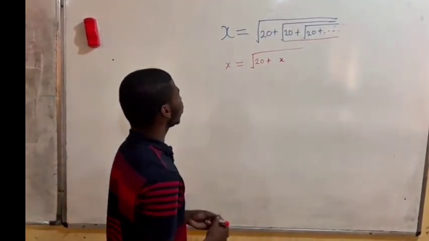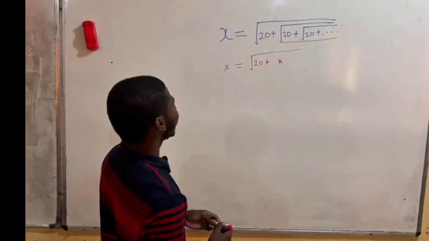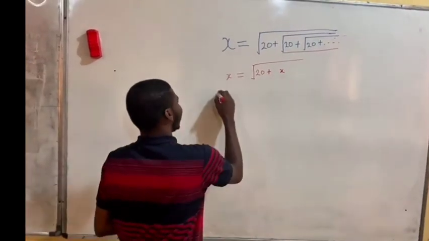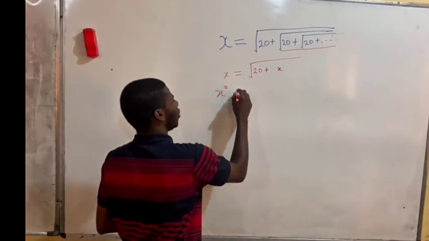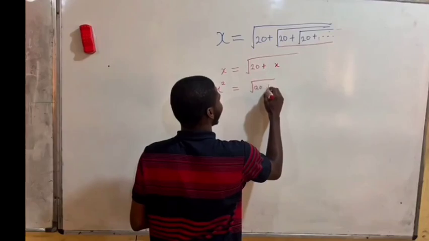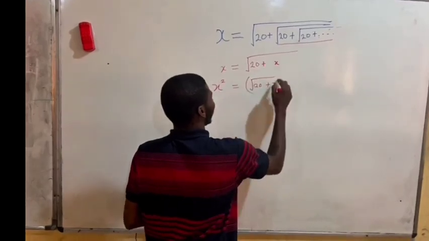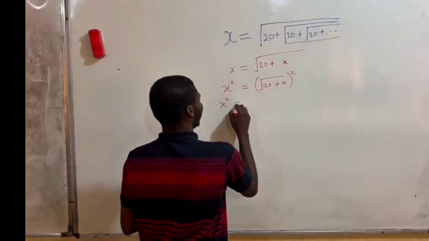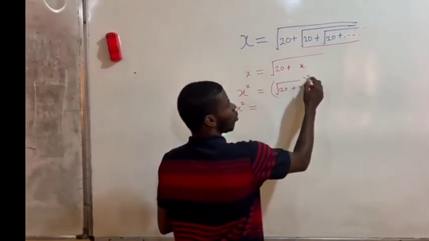The next thing you want to do is take the square of both sides. Taking the square of both sides, you have x squared equals square root of 20 plus x, all squared. So we have x squared equals 20 plus x, as the square root cancels out the square.